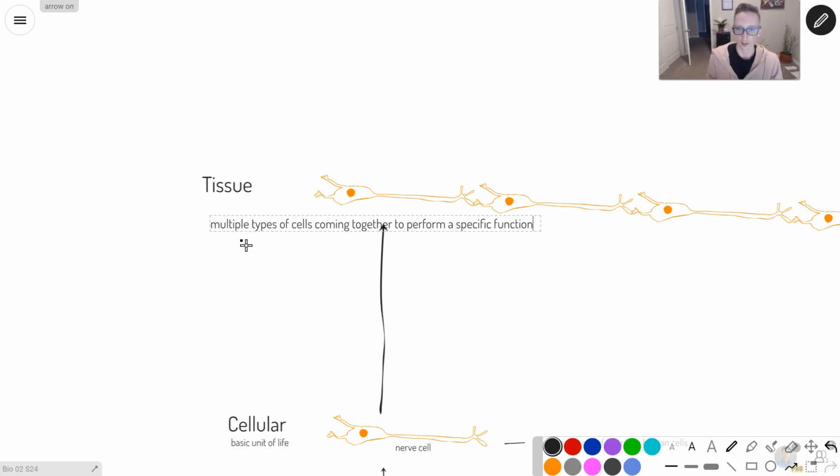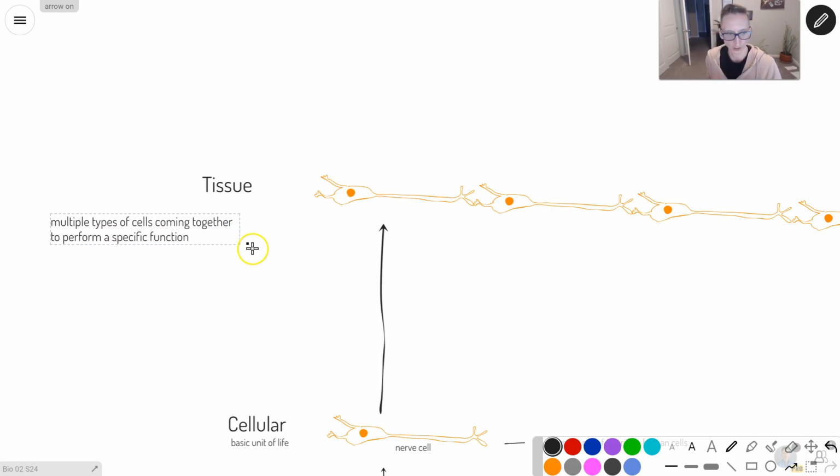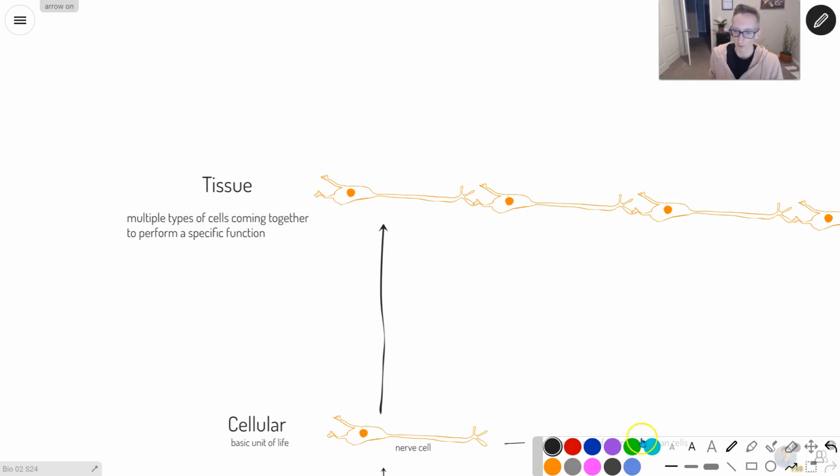function. So we're drawing nerve cells, so now we have some nerve tissue, and we might even draw in a second type of nerve cell found in nervous tissue. So maybe we've got something like this guy, let's say.